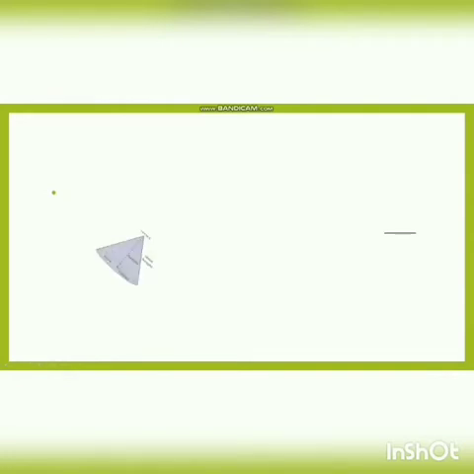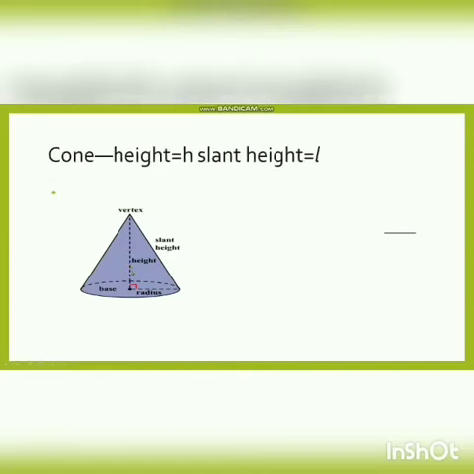Now see our next three-dimensional figure. You can see on the screen, which is cone. You are all familiar with this cone shape: ice cream cone, birthday cap, tent, etc. Cone is made up of 2 surfaces.